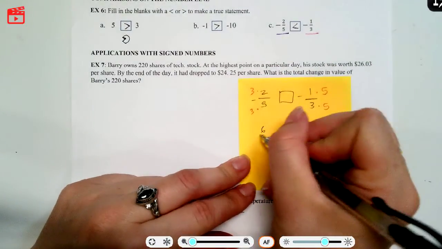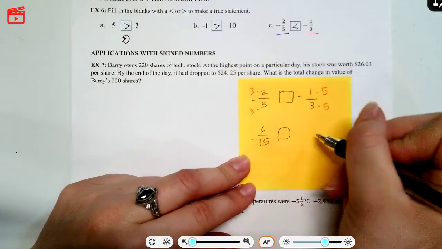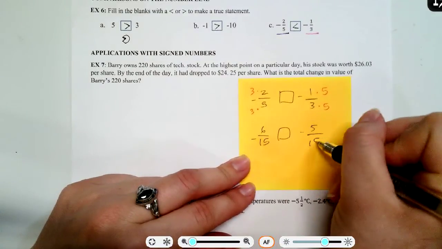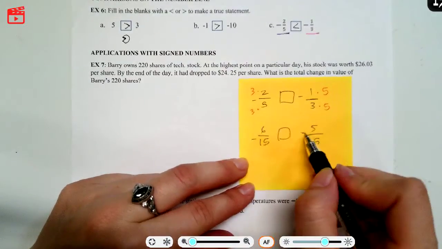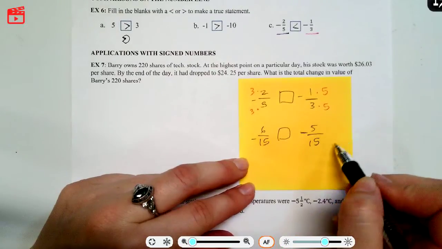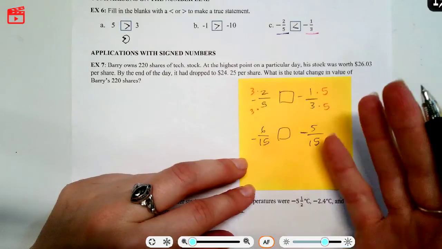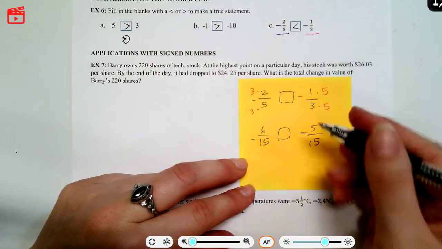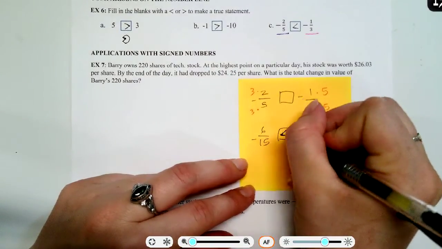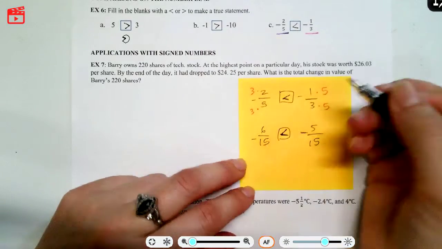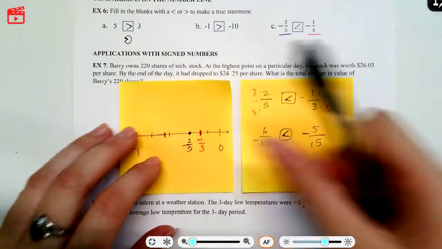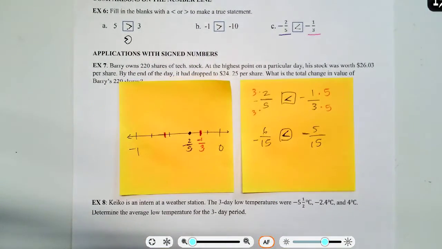So that's going to be negative 6 over 15, and that's going to be negative 5 over 15. Aha, so which one is actually going to be the bigger? Remember, these are negative numbers, so negative 5 over 15 is more to the right. It's greater. Okay, so you could either do the number line version, comparing them on the number line, or you can compare them by making the same denominator.